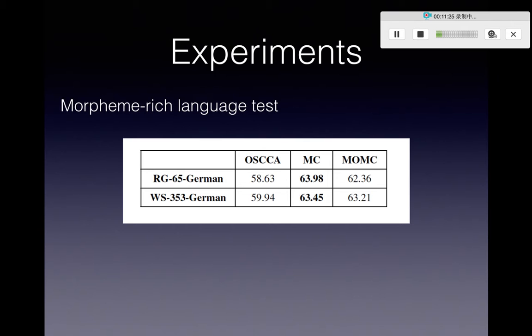As the table shows, our new model MC gets the best performance on all datasets, and MC performs much better than the basic model of our models, named one-step CCA.